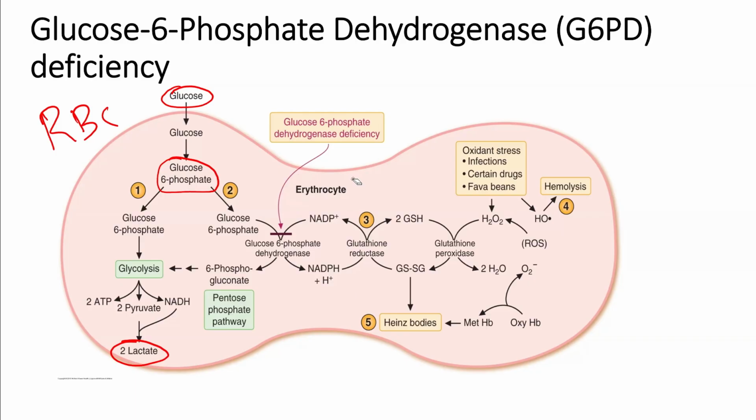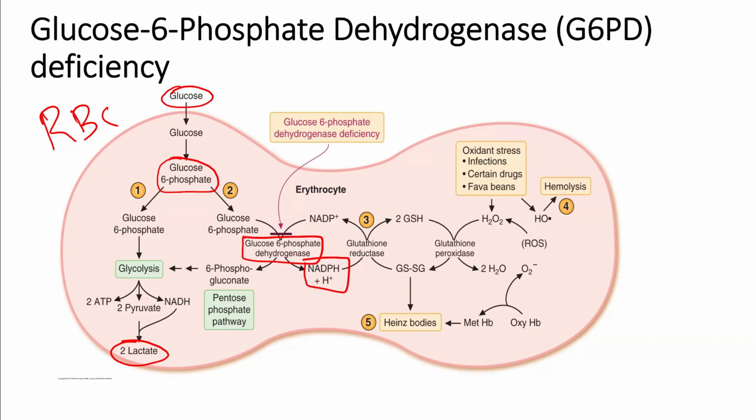If it goes towards glycolysis, as you all know, glucose 6-phosphate has other alternate ways to go. One of those is that it can go into the pentose phosphate pathway through the glucose 6-phosphate dehydrogenase enzyme. With that, you're going to get 6-phosphogluconate. That's the oxidative phase of the pentose phosphate pathway. One of the outcomes of that reaction is NADPH plus H plus.